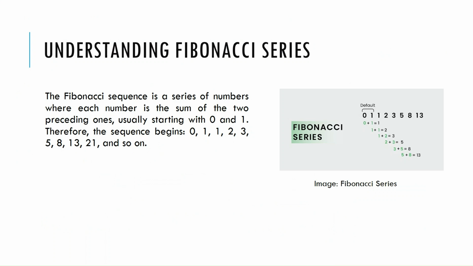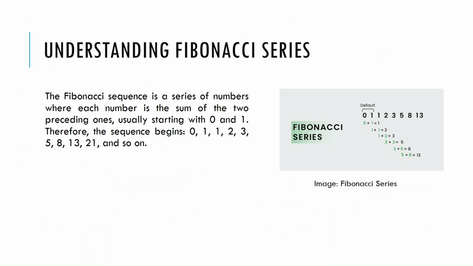The Fibonacci series is a series of numbers where each number is the sum of two preceding ones. For example, 0 and 1. Then the next number is 0 plus 1, which is 1. Usually, this sequence will start from the number 0.